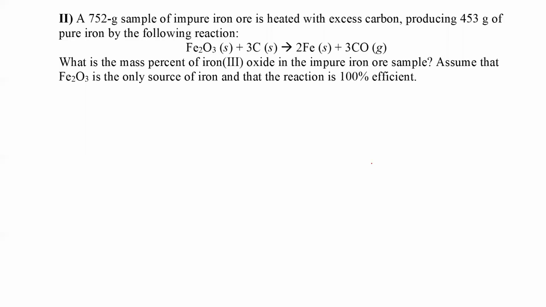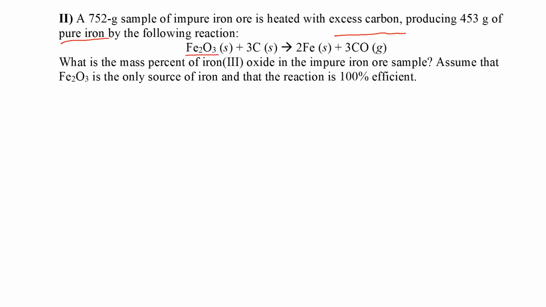So let's continue with exercise number 2. A 752 gram sample of impure iron ore is heated with excess carbon. We know that this is in excess, producing 453 grams of pure iron by the following reaction.